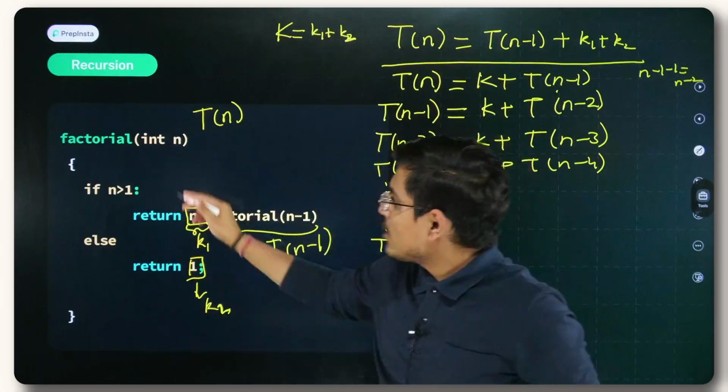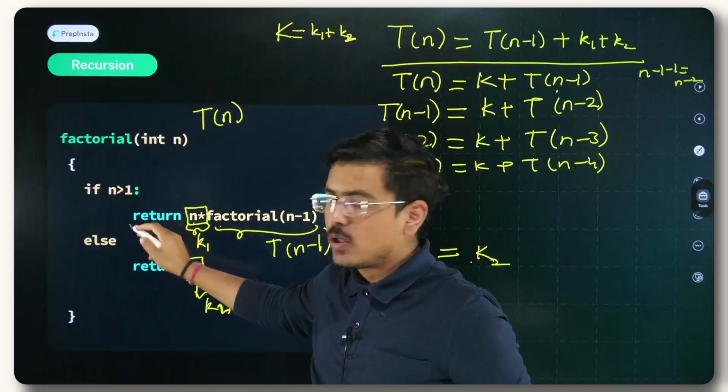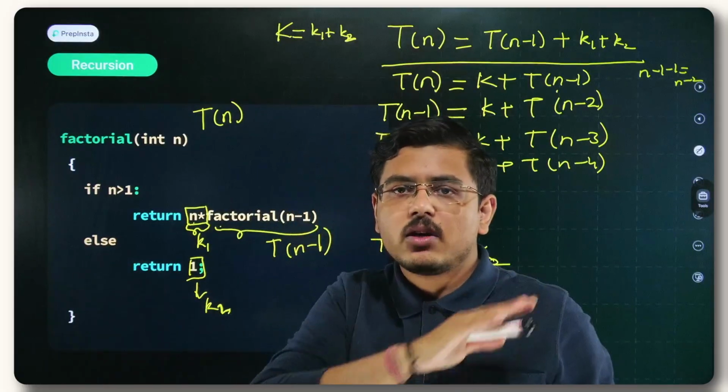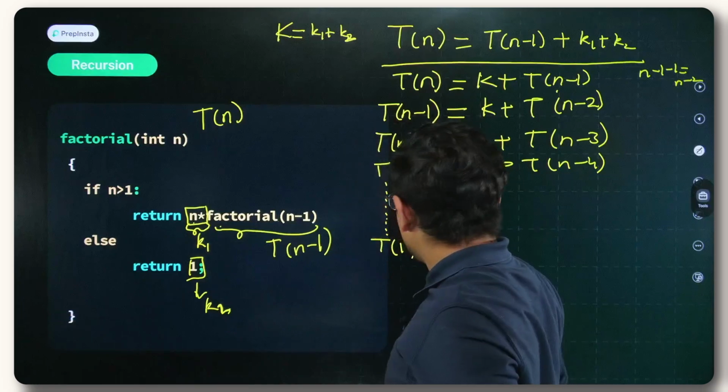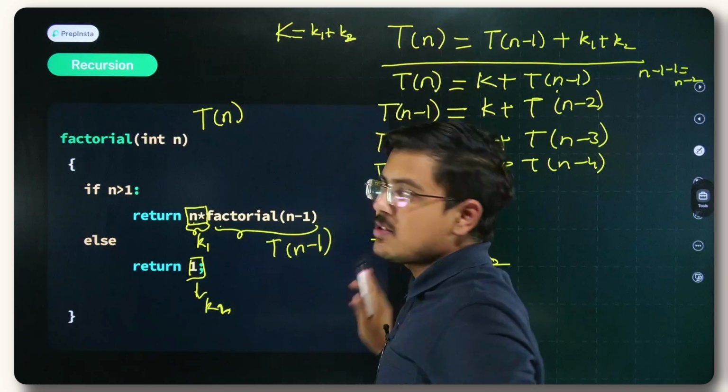Why so? As soon as you get 1, 1 is not greater than 1. So this block won't execute. This else block would execute. As soon as it executes, the recursion stops. Okay. So this particular operation is being done in k2 time. So this k2 time is written here.